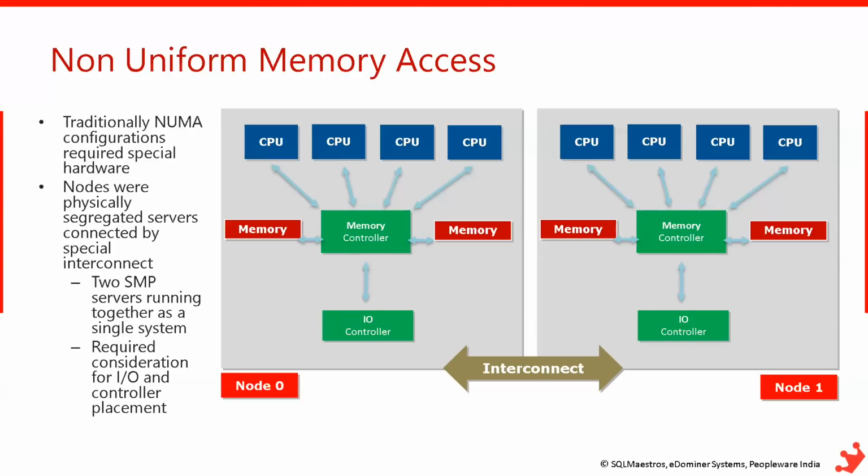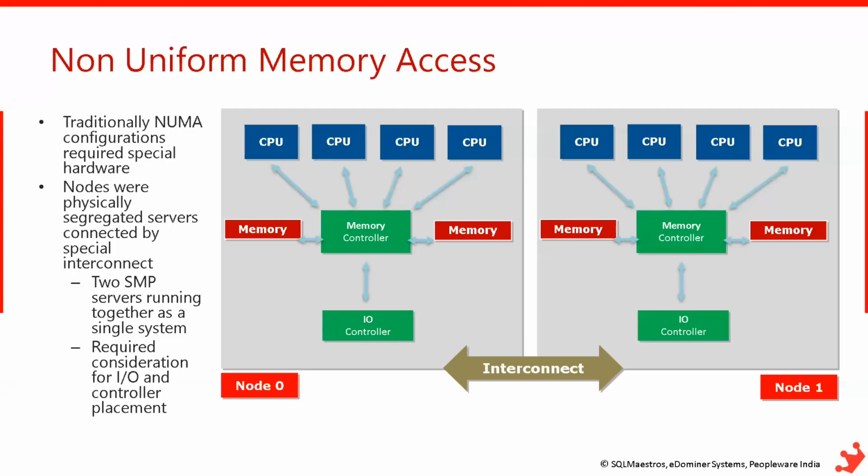So you have node 0 all the way to node 1, 2, 3, depending on how big your hardware is. What's important to note is that each node has its own set of CPUs and its own memory controller. That's how this partitioning is done. CPUs can talk to their own memory controller and take memory from that node, which is called local memory access.